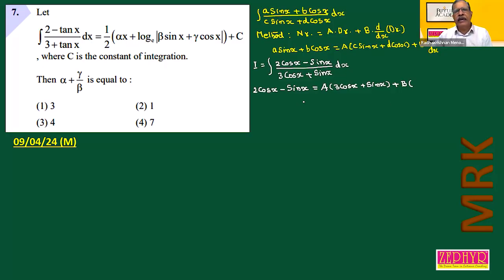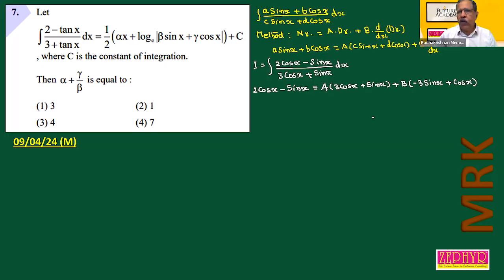What is the derivative of the denominator? Derivative of 3 cos x is minus 3 sin x. Now the derivative of sin x is plus cos x. Now our task is to find capital A and capital B. By comparing the coefficient of cos x as well as the coefficient of sin x, you will get two equations in A and B. Afterwards, solve for A and B.